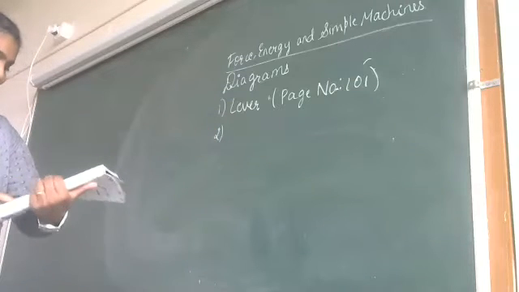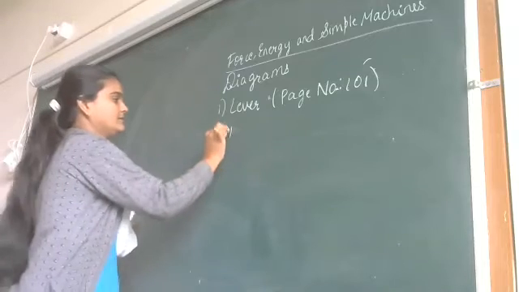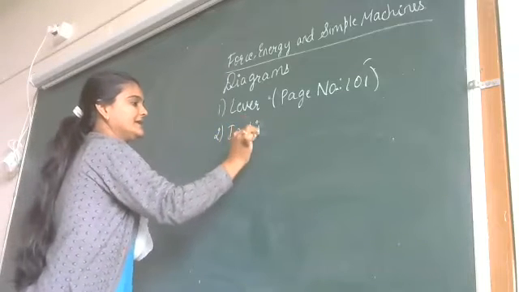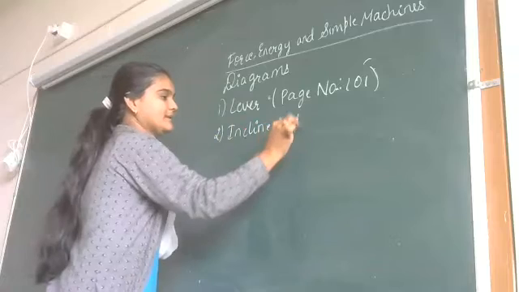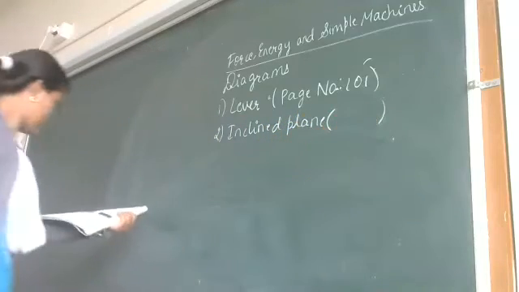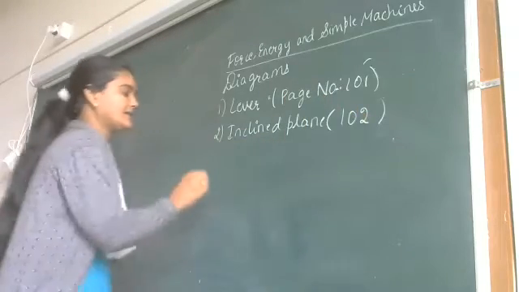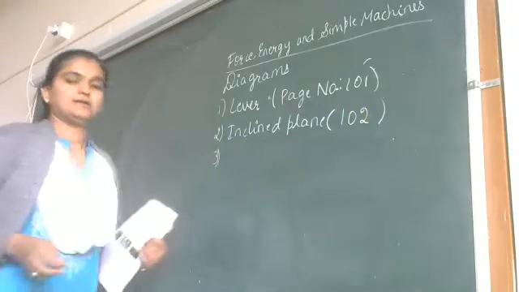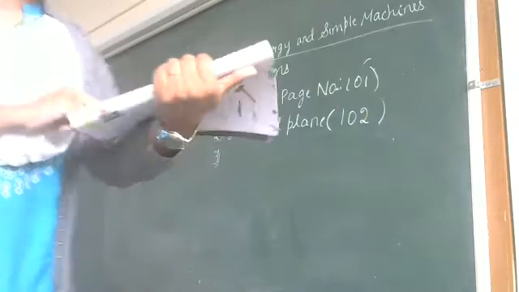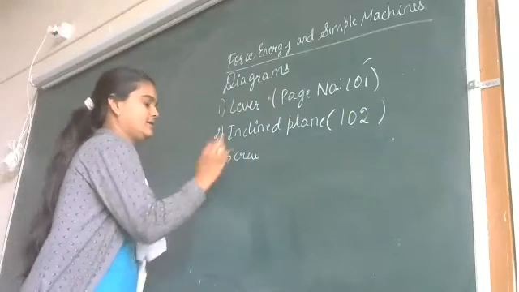Next, inclined plane, page number 102. Then the screw. Should we draw only one, or all?